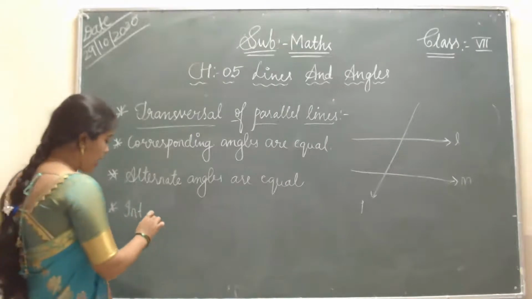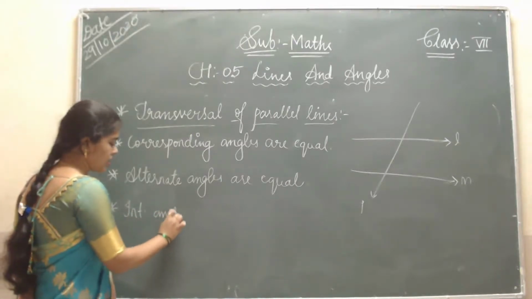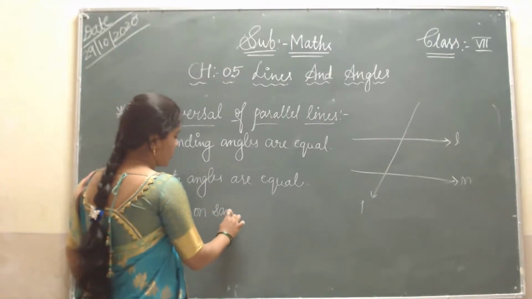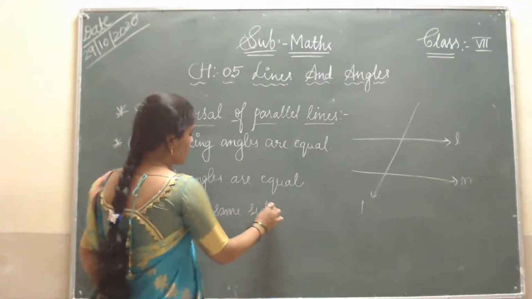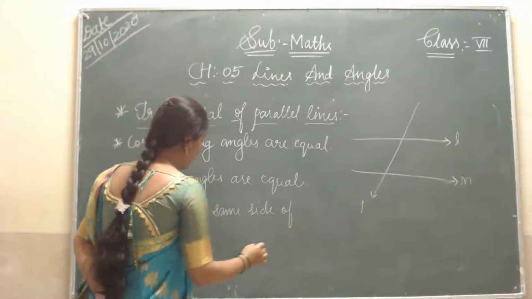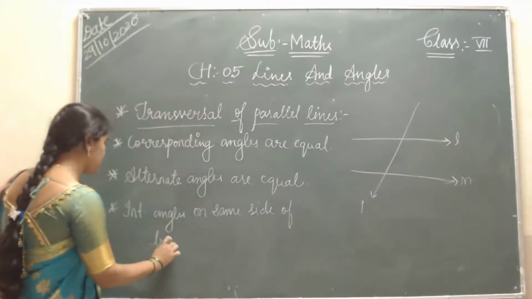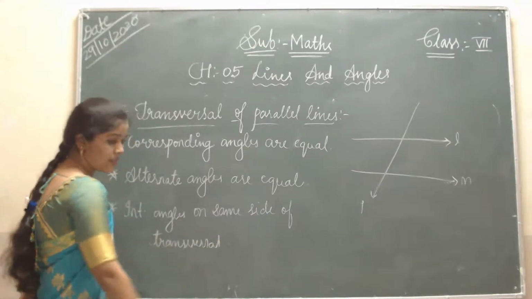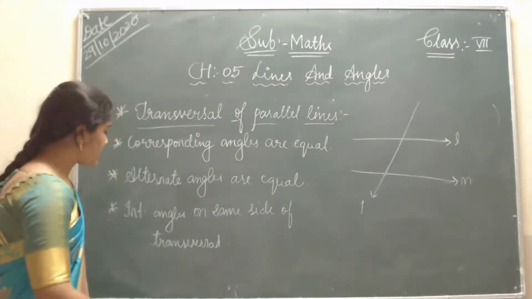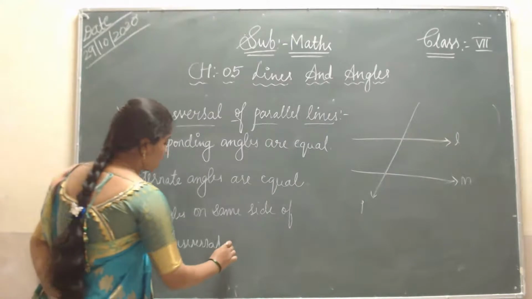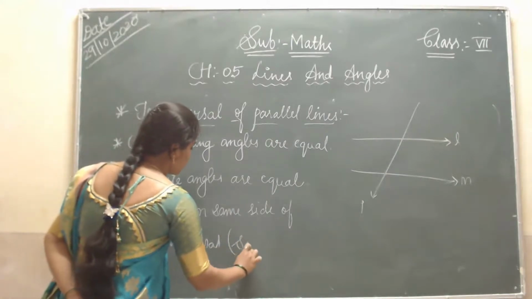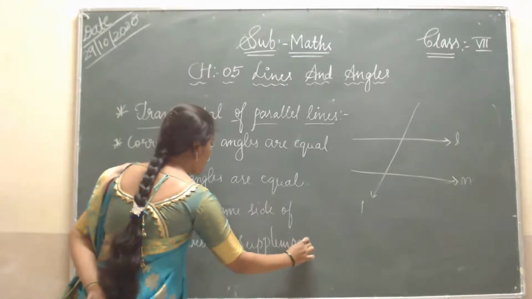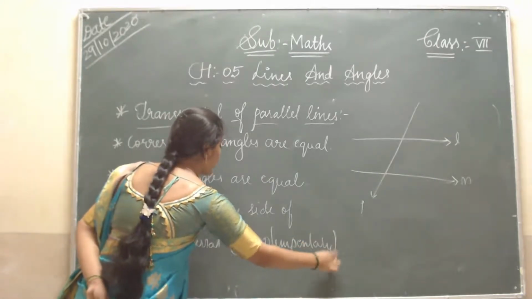Interior angles on the same side of the transversal are supplementary. Supplementary means the sum of two angles is 180 degrees.